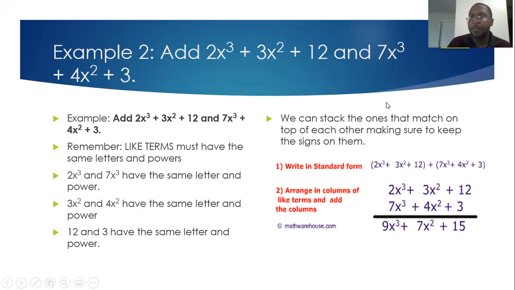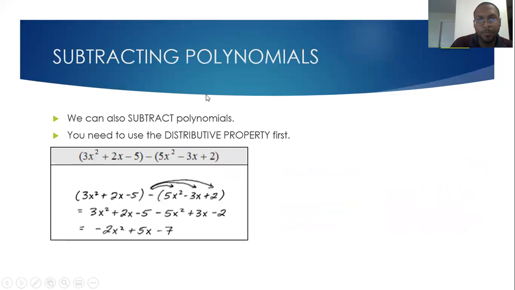That's really a practice makes perfect kind of thing. Also, you can stack them. I sometimes like to stack like terms on top of each other. That also works. There's a whole bunch of ways to do it. Pick a good way.